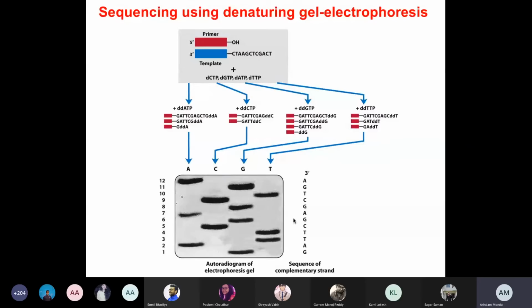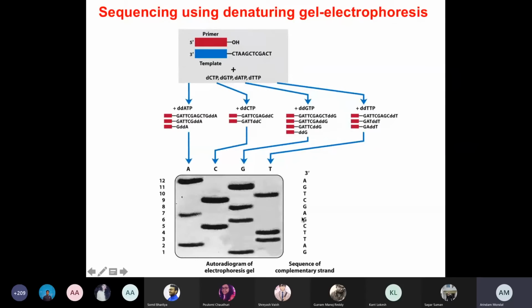So the principle is known as Sanger sequencing. In earlier days, people used to run a set of four different reactions with four different ddNTPs, and subsequently we used to run a big gel. From the pattern of the bands on that gel, you can manually ascertain the position of individual nucleotides.